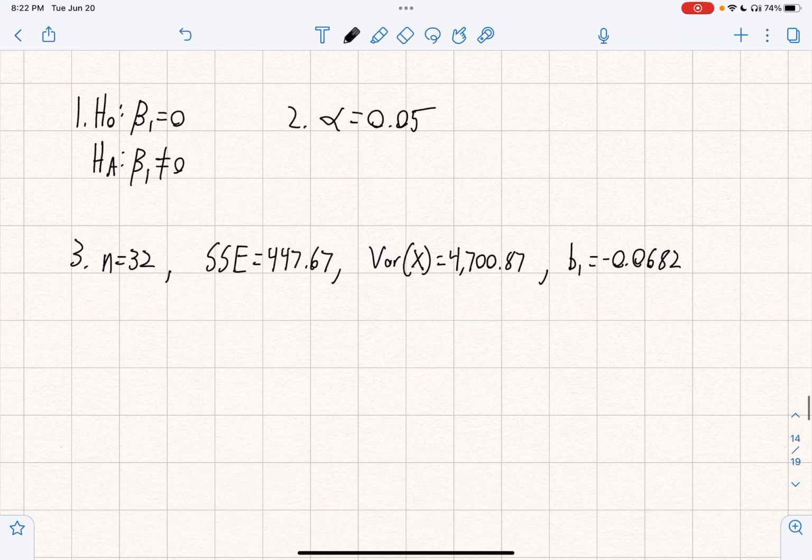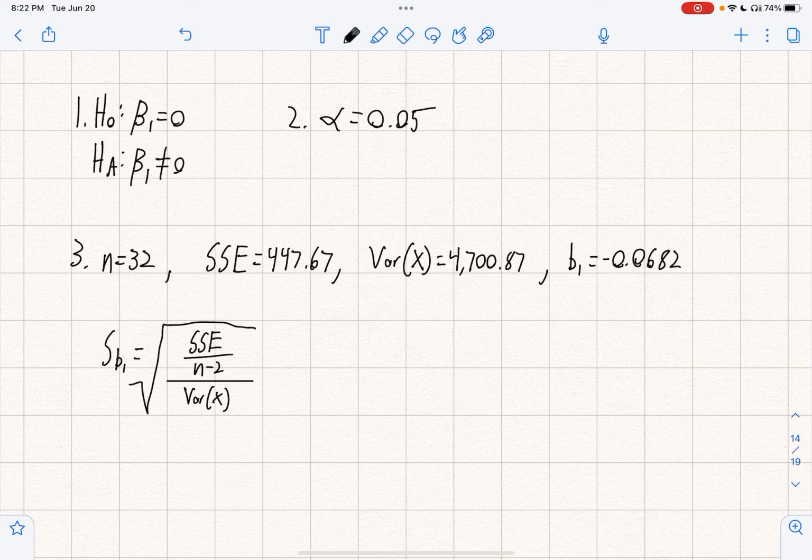Okay, so let's start with the standard error, so SB1. In this case, we would have the sum of squared error divided by n minus 2 degrees of freedom, all divided by variance of x, and we're going to take the square root of all of that. So we already have all of these pieces.